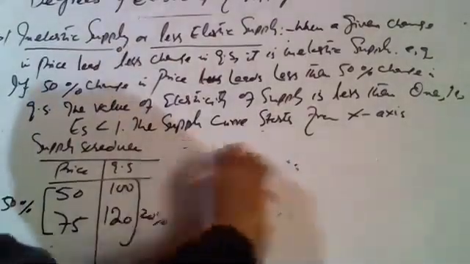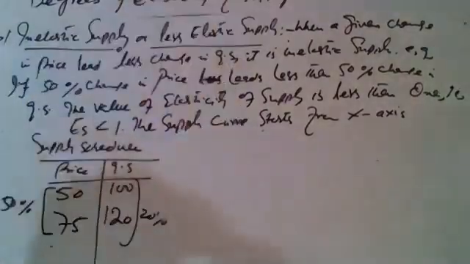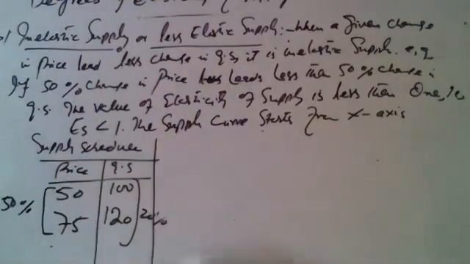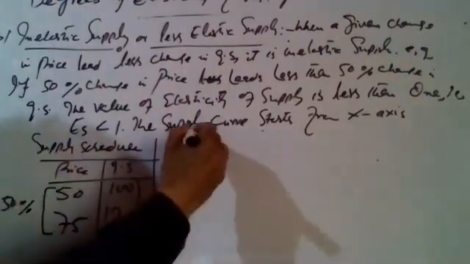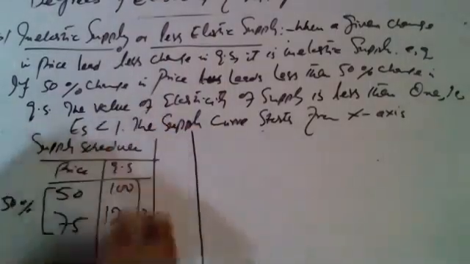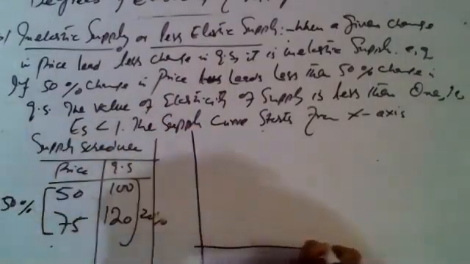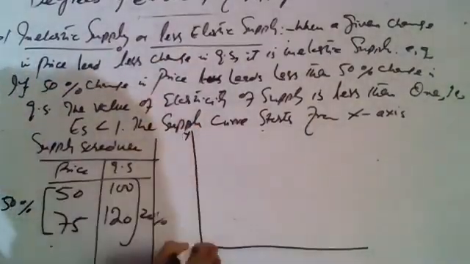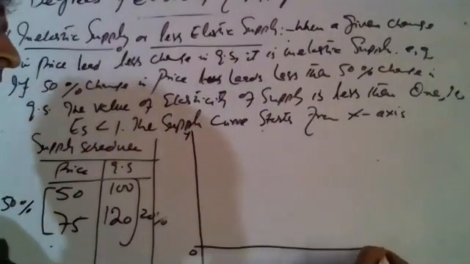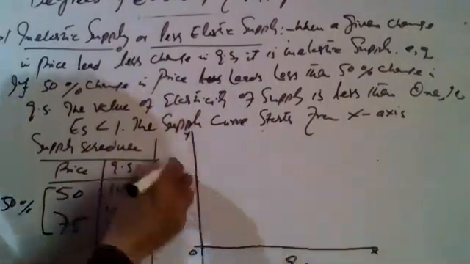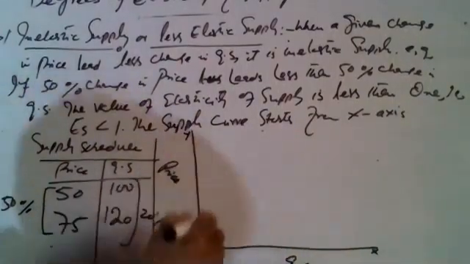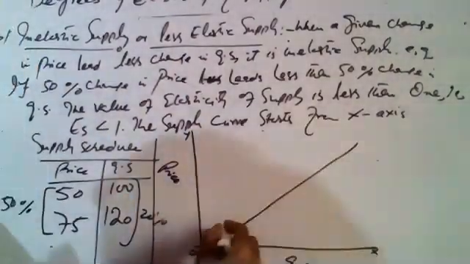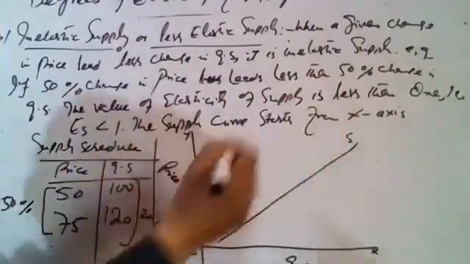Here price change is more and supply change is less. The supply curve starts from x-axis. OX shows quantity supply and OY shows price. The supply curve SS starts from the x-axis.